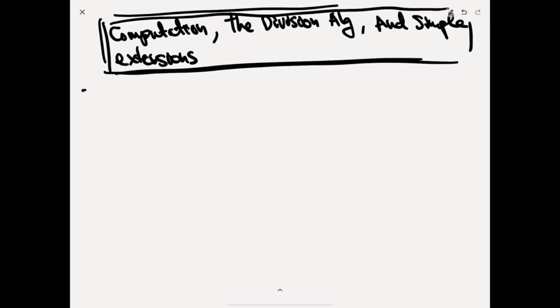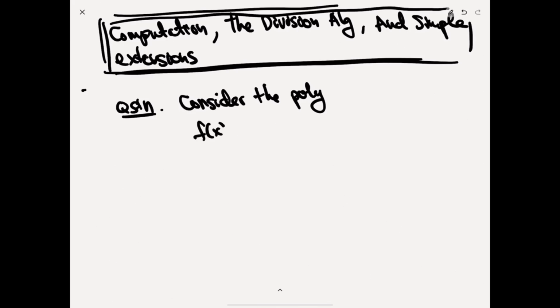All right, so here's a concrete example, or let's say a motivating question. Consider the polynomial f of x, x to the fifth plus 4x plus 2 in Q adjoin x.